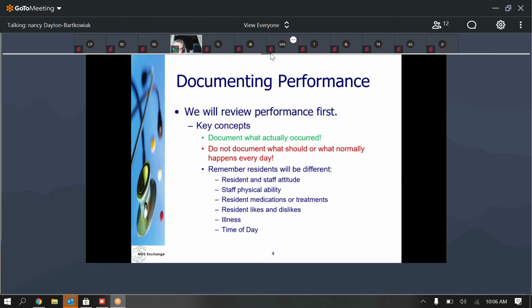Residents' likes and dislikes. That goes back to maybe staffing. Maybe they prefer Mary over Joe, and so therefore they're going to do more for Mary than they would for Joe, and so the documentation is going to vary depending on that. Illnesses. Let's say you have a dialysis patient. In the morning, they're just fine, ready to go.